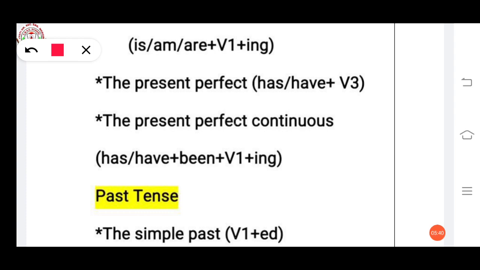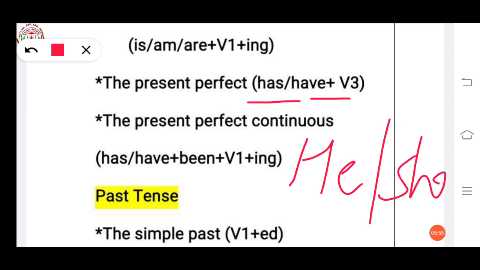Then what do you have to use with present perfect? Has or have. Where you have to use has? With he or she, you can use has. And with I, we, they and you, you can use have. And after that, verb third form.